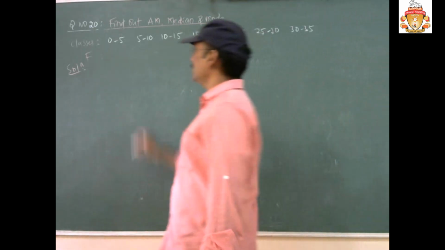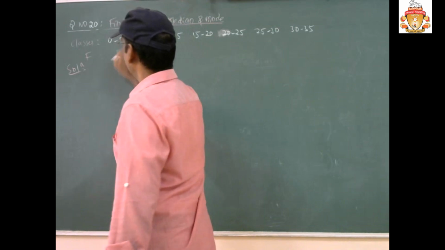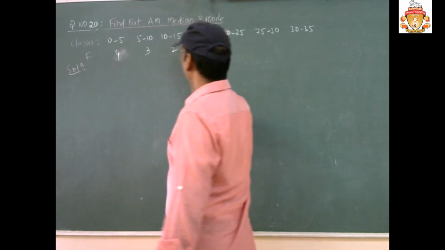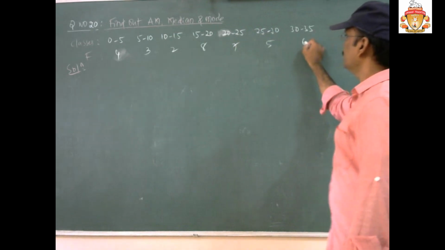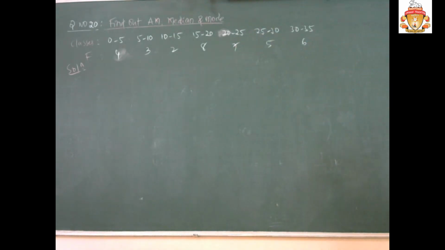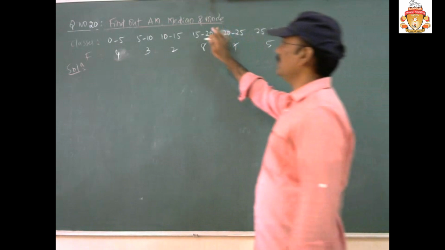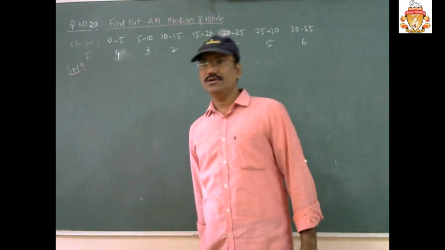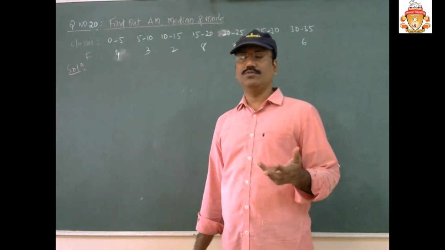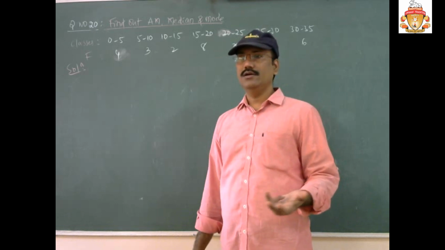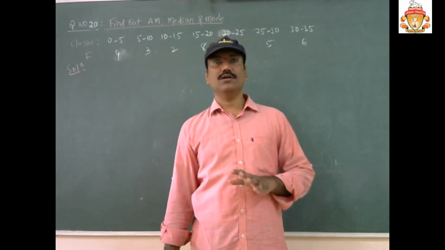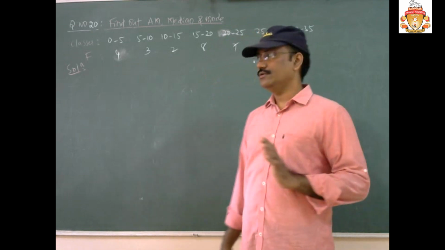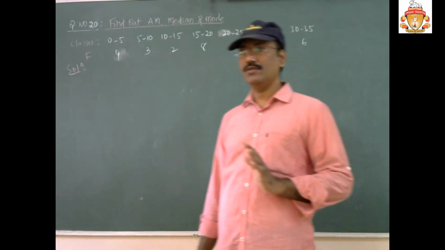Then the frequencies are 4, 3, 2, 8, 7, 5, 6. So this is your mean, median, mode calculation. This was assigned to you. You refer to question number 19 and send the answer to me for question number 20.